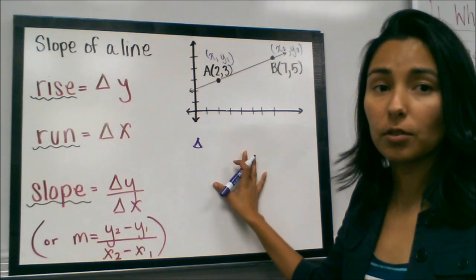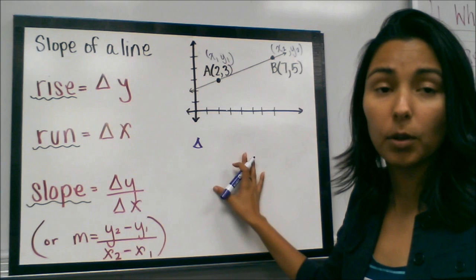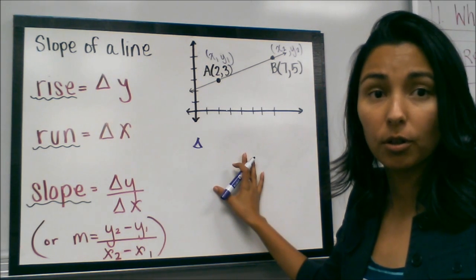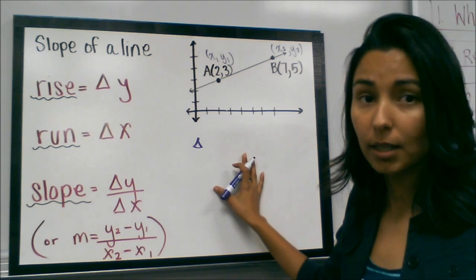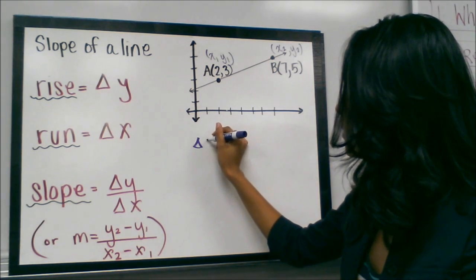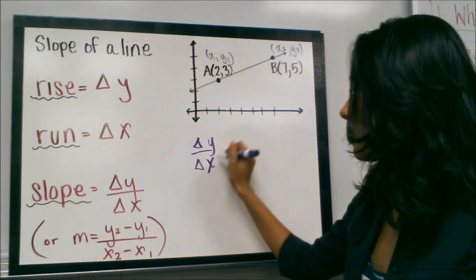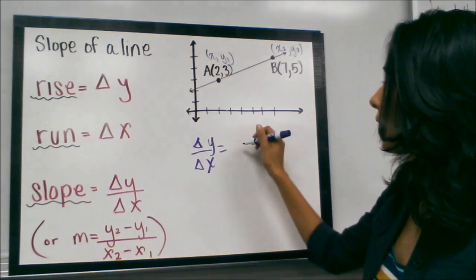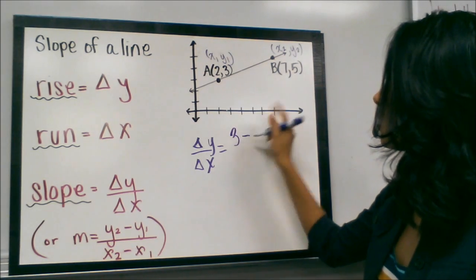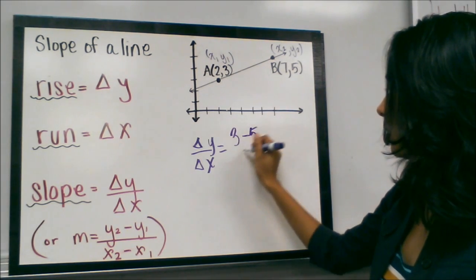So your directions for this are to find the slope. If you want to go ahead and pause the video, do it on your own, and then check back in with me when you're done to see if it matches. That's a good idea. I have the change in y over the change in the x values. My y values are going to be 3 minus 5.